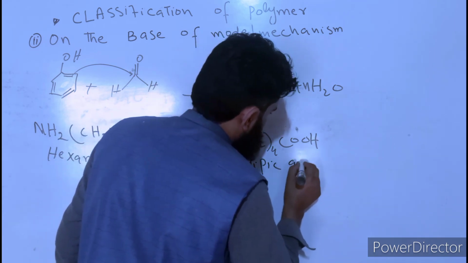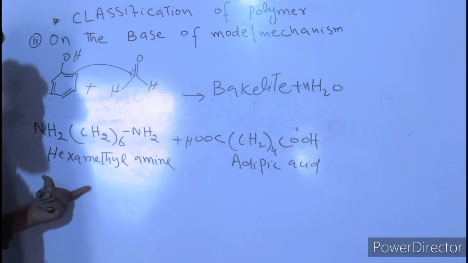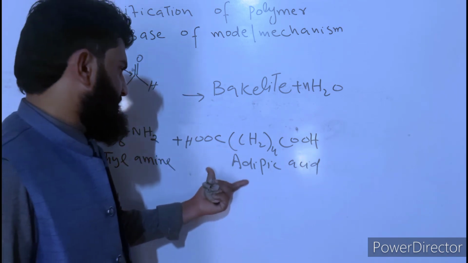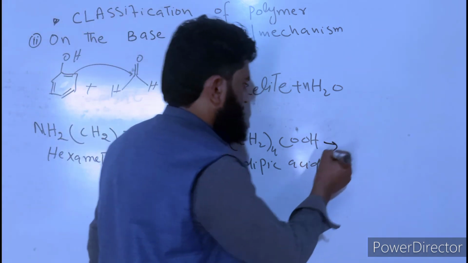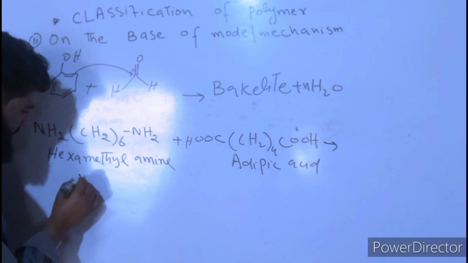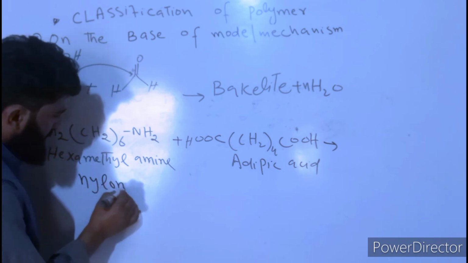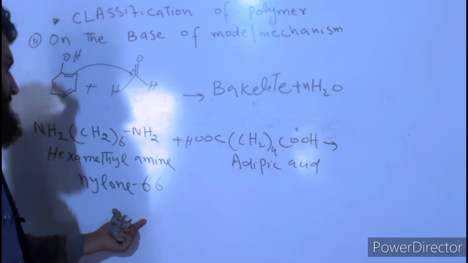Adipic acid. So when n molecules of hexamethylamine react with adipic acid, what is formed? Polyamide or nylon 6,6. Nylon 6,6 is formed.